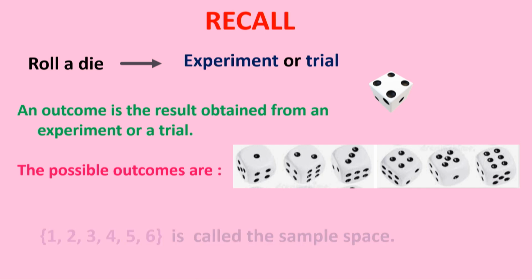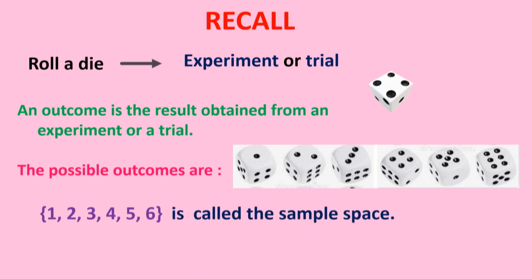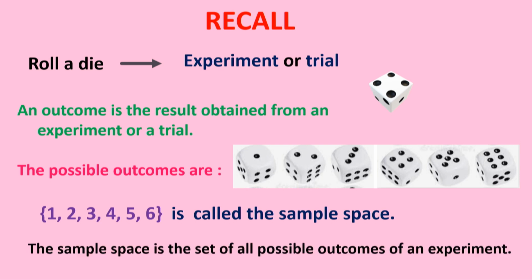So we write 1, 2, 3, 4, 5, 6 between brackets, and this is called the sample space. So the sample space is the set of all possible outcomes of an experiment.